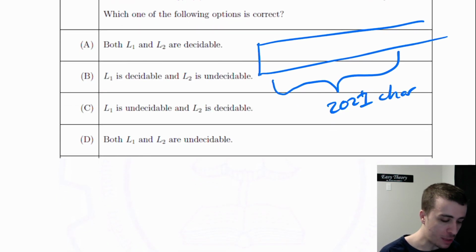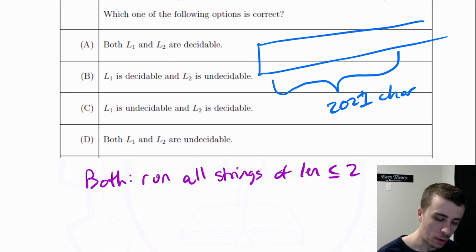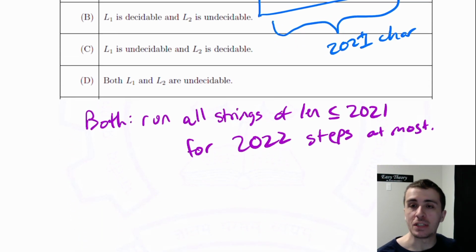So in both cases, what we should do is run all strings of length at most 2021 for 2022 steps at most. And if it stops earlier, then that's okay.